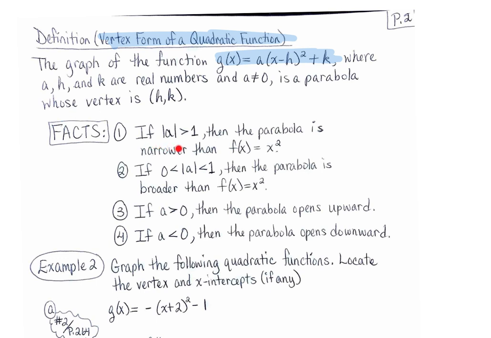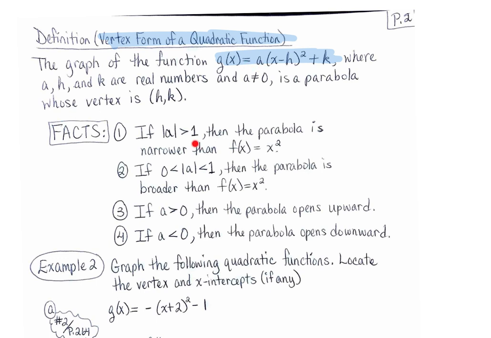If the absolute value of a is greater than 1, then the parabola is narrower than f of x equals x squared. So if you have this number here and you take the absolute value of it, it's greater than 1. So you may have 2, 2.5, 3, 4, and so on.